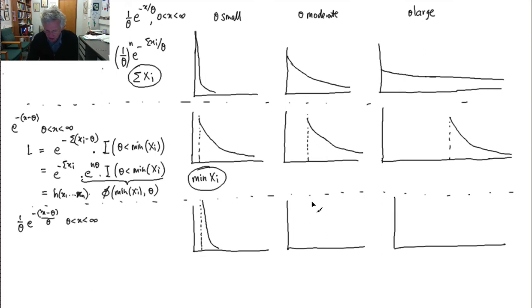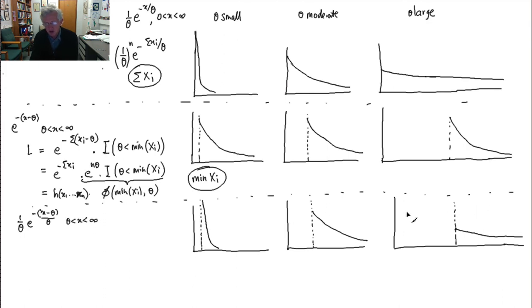Here the cutoff will move to here with theta, but because theta is bigger, there's a rescaling going on, and I'll get this shape here. And over here where theta is large, the cutoff will be up to here, but the distribution will start quite low and will go down very slowly.